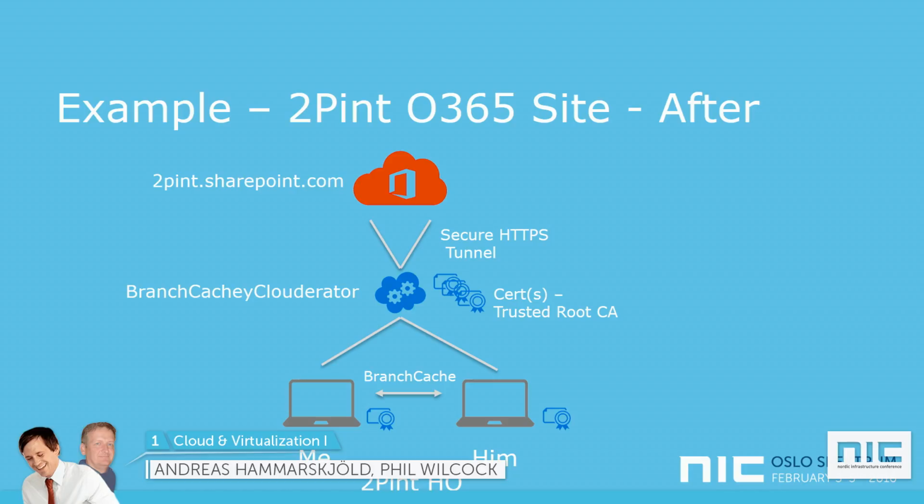So we create a certificate authority that we then trust, and then you need to put that certificate onto your users' machines. So that creates a new secure tunnel between your service and the users. And then at the bottom, obviously, we're doing the BranchCache bits to share it all.